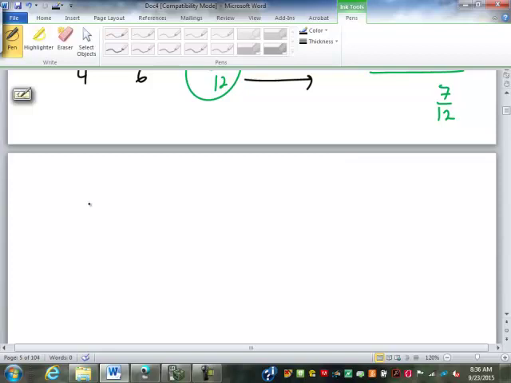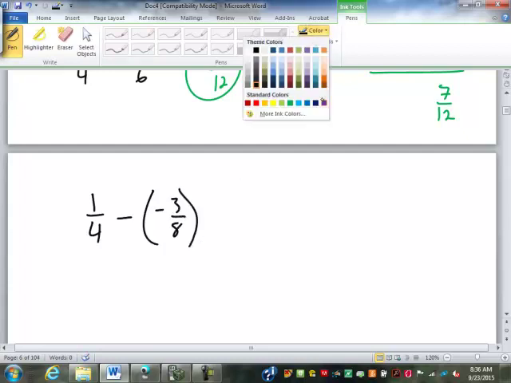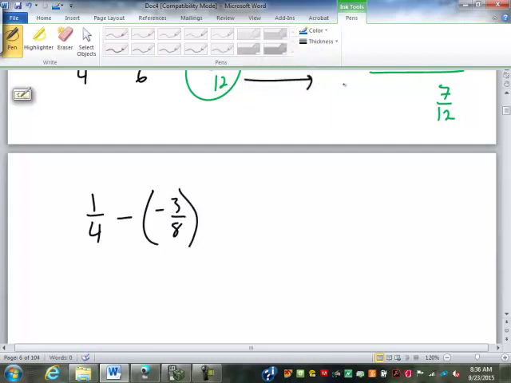So what if I had 1/4 minus a negative 3/8? What do I do with subtraction? I turn it into adding the opposite. So this is going to become 1/4 plus, what's the opposite of negative 3/8? Positive 3/8.